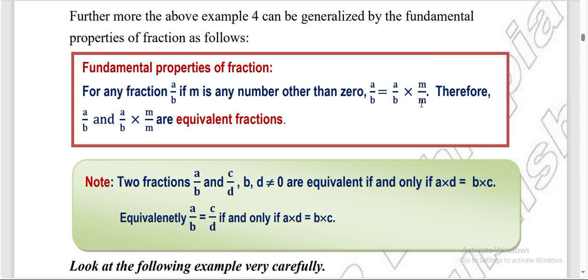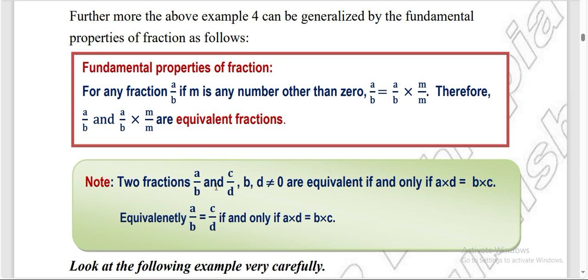Therefore A over B and A over B times m over m are equivalent fractions. The values are not different, but the arrangement or rewriting is different.